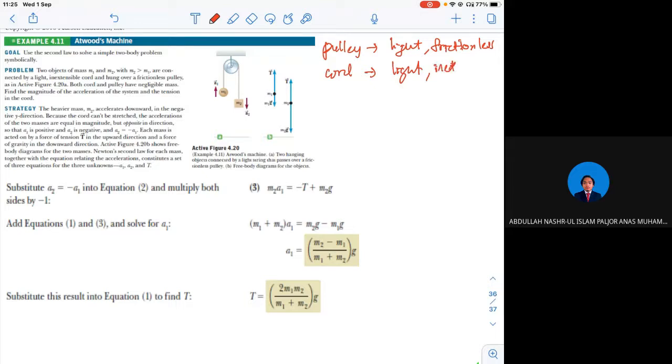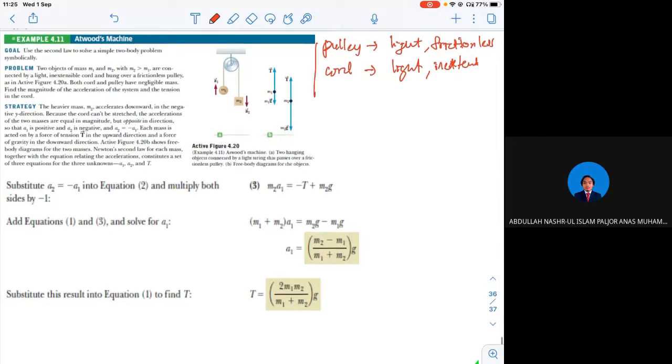Inextensible. Tak boleh direnggangkan. Tak boleh ditarik. Maksudnya kan ada setengah tali yang dia boleh direnggangkan. So inextensible maksud dia tidak boleh direnggangkan. Very light macam benang lah contoh dia. Ada syarat-syarat dia. Sebab in the next chapter nanti kita akan belajar another topic yang ada pulley balik.